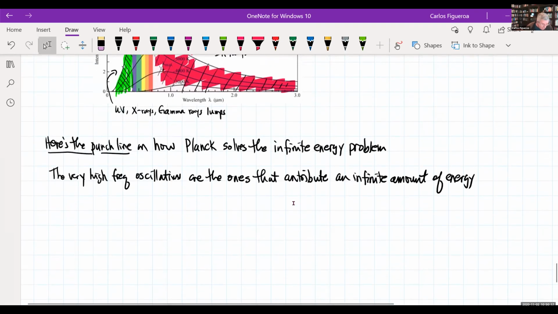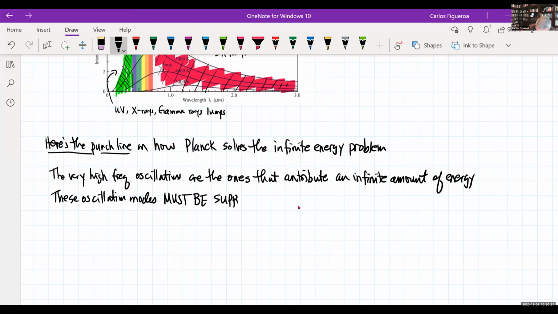So the goal here is that he says these oscillation modes must be suppressed, to rectify. How do you spell rectify?